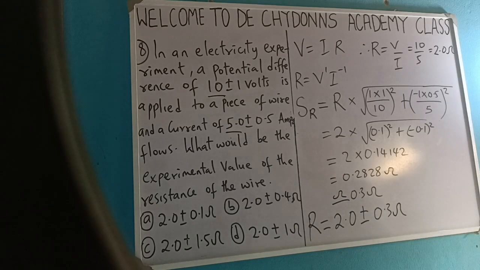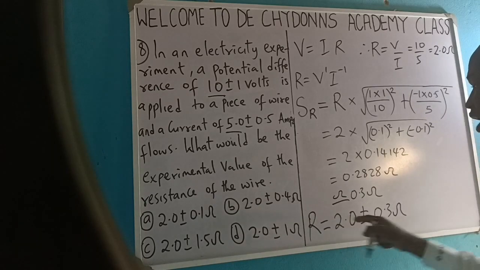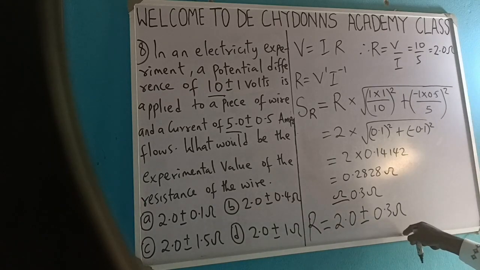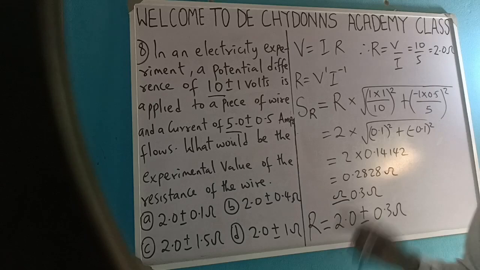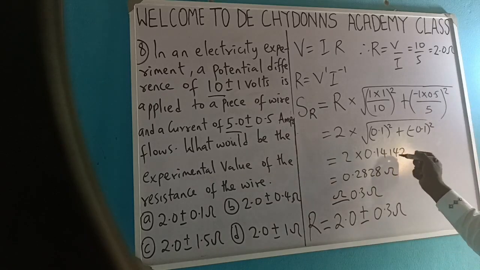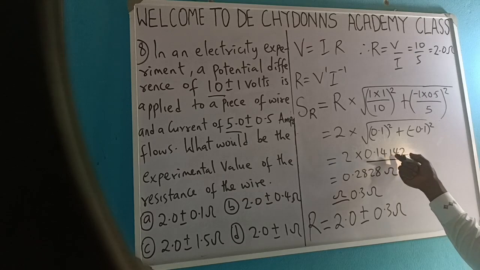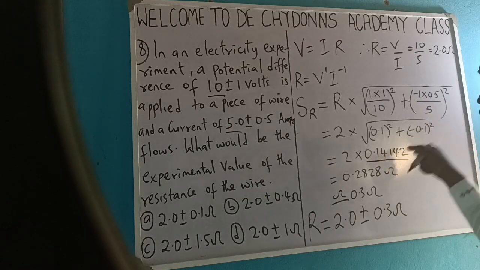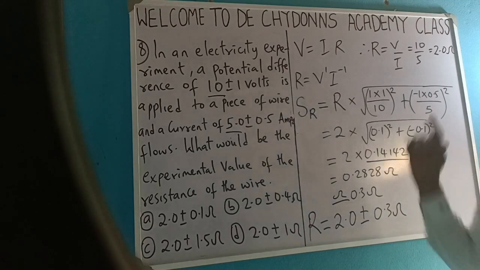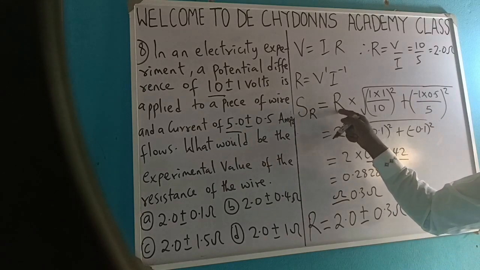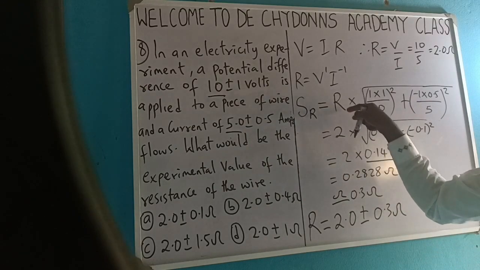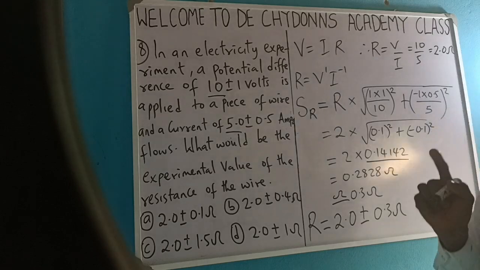That is it. That means we'll be looking at the options. None of the options gave us the exact value, but this is the exact value you are meant to get. Please don't just get this and say 0.1 is the answer in one decimal place. No, you must multiply it by the effective resistance we got itself.